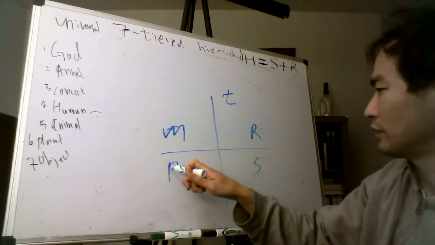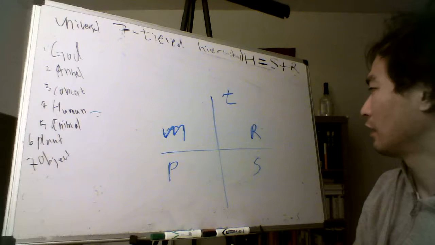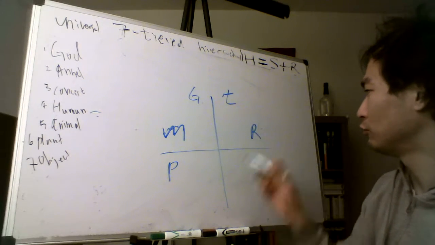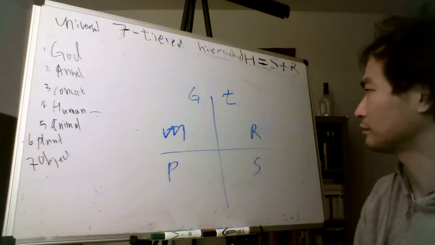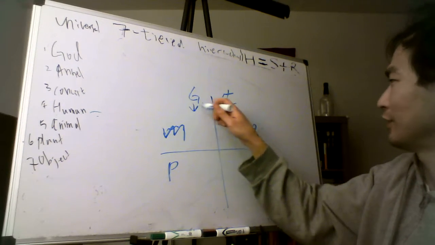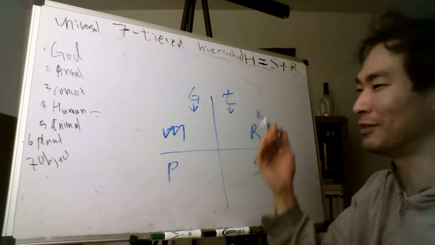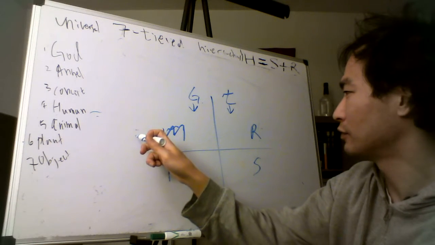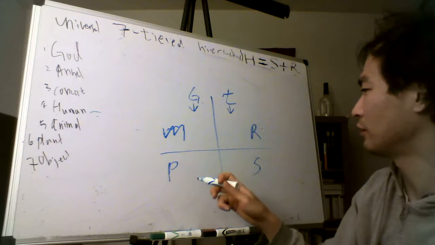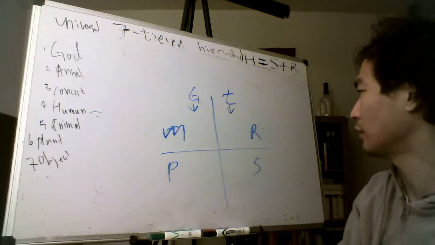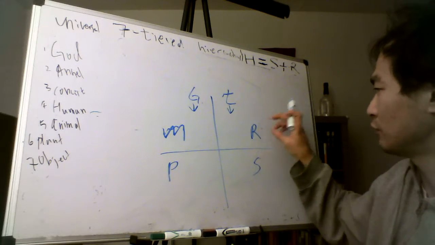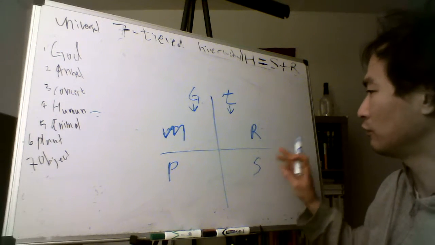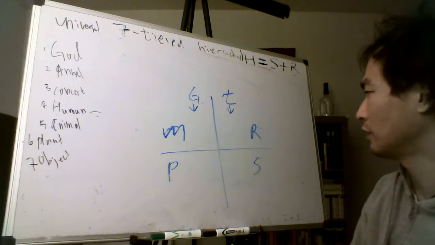The metaphysical universe and the physical universe are the goals. It's a 2 by 2 matrix, a table. Religion is a tool to understand the metaphysical universe. Science is a tool to understand the physical universe.